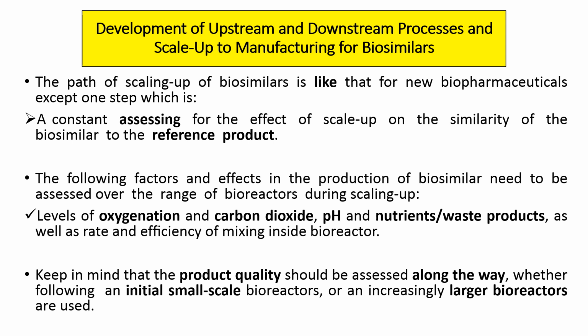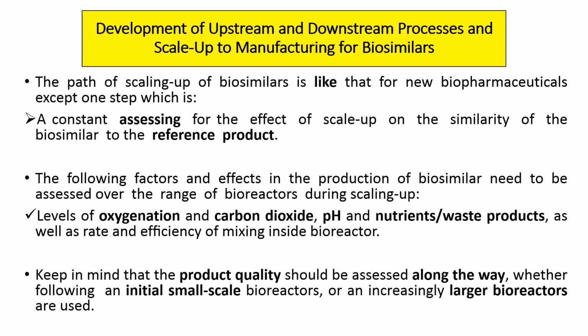Many factors in the production of biosimilars need to be assessed continuously over the range of a bioreactor during the scale-up. First, we always need to assess the level of oxygenation, carbon dioxide, pH, and the nutrient and waste products, as well as the rate and efficiency of mixing inside the bioreactor, because all of these factors will affect the biosimilarity of the protein being produced.